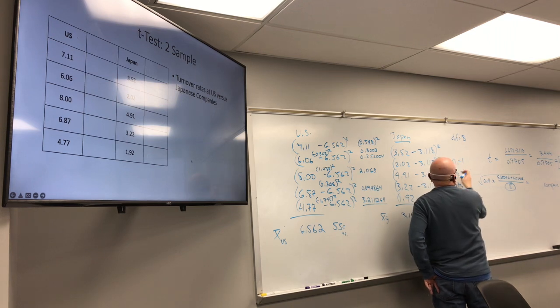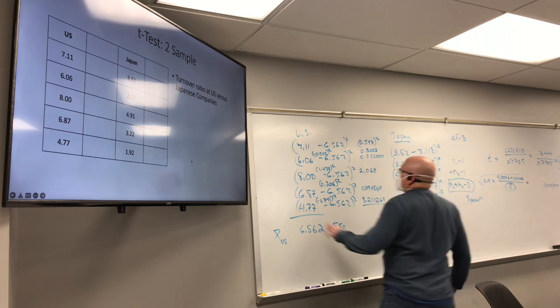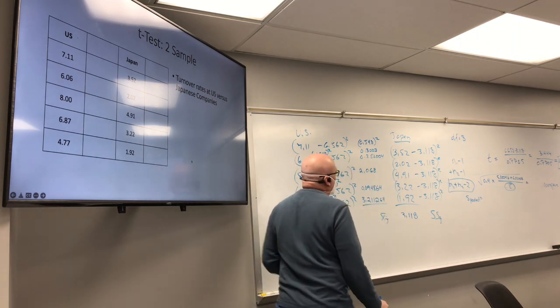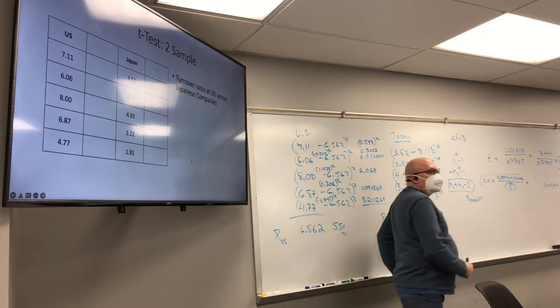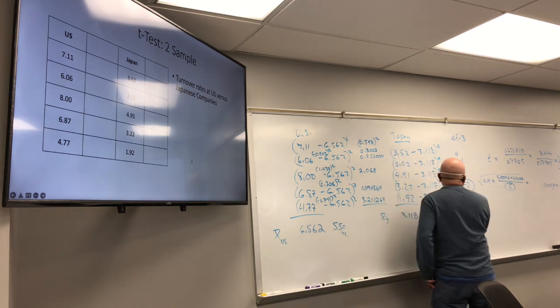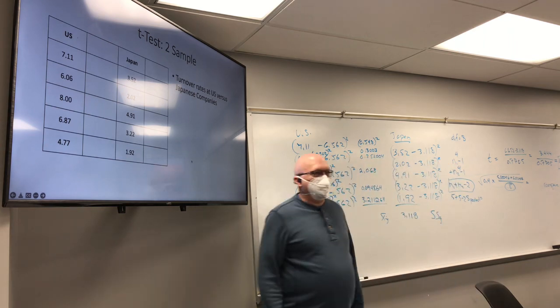In this case, there are 5 observations, 1, 2, 3, 4, 5. So that's 4 plus 4, or it's 5 plus 5 minus 2. Either way, it doesn't matter.